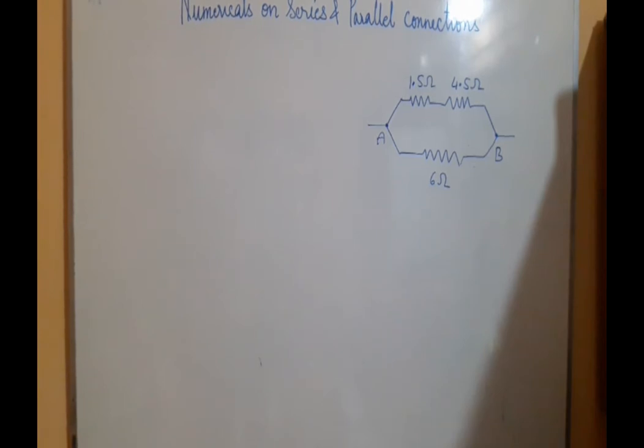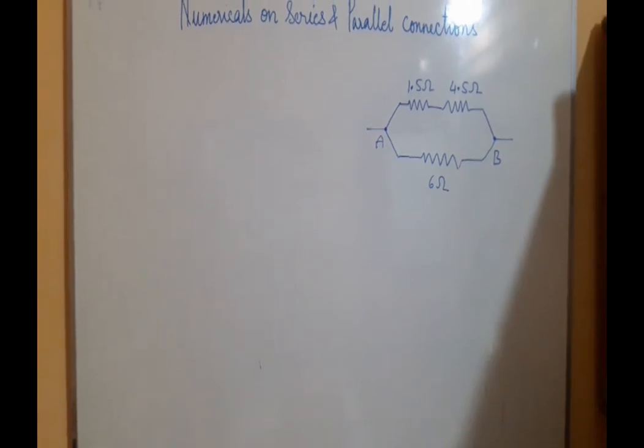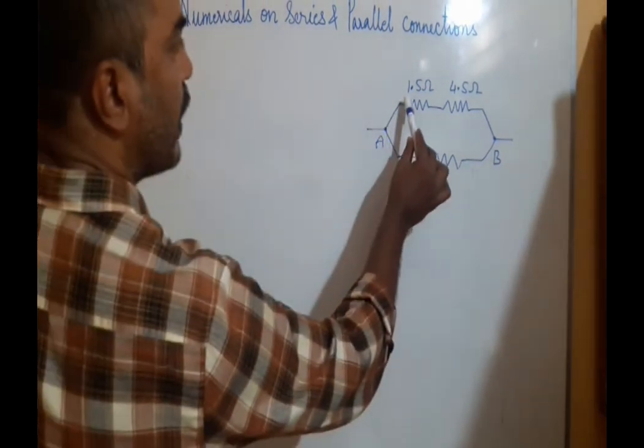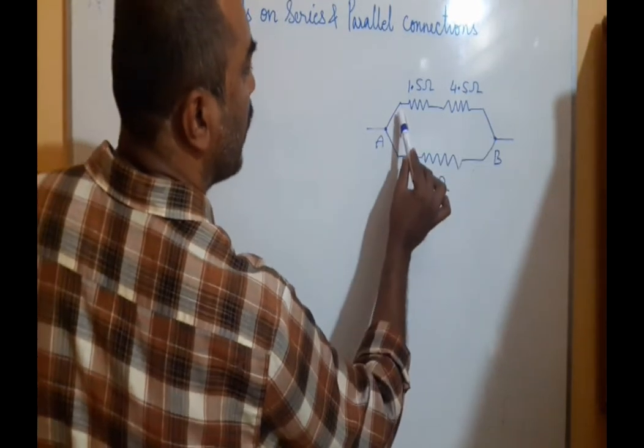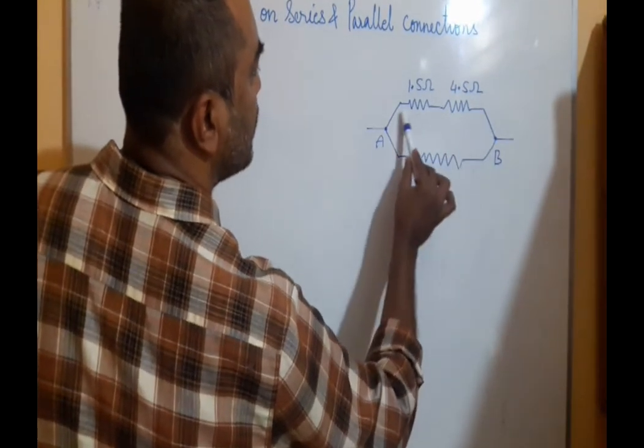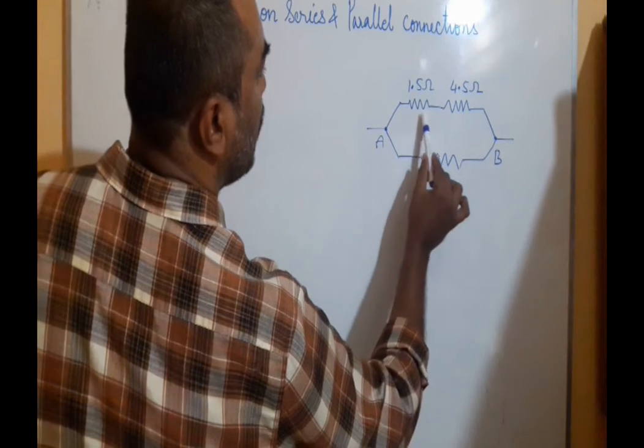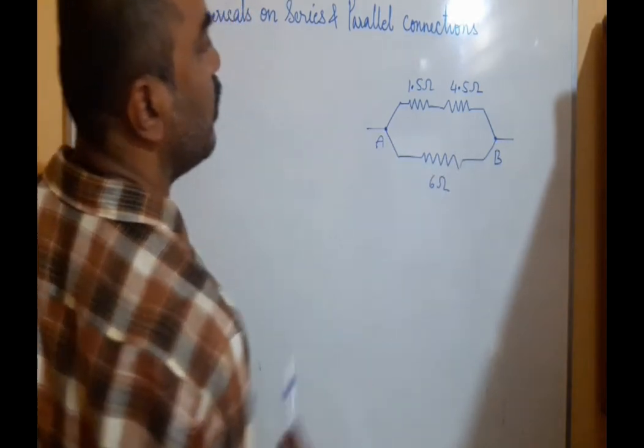Now, if you see, 1.5 ohm and 4.5 ohm are in series. Why are they in series? Because between those two there is only one path for the current to flow.